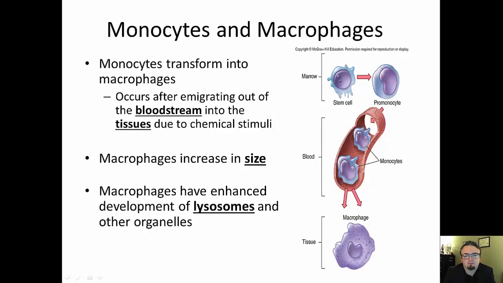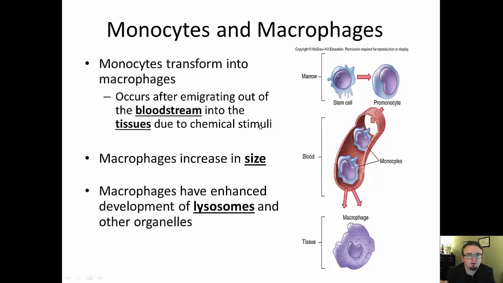Now, really what's happening here is the body is creating monocytes in preparation for the need of macrophages. So monocytes will circulate in the blood until they are stimulated, due to chemical stimuli. Monocytes transform into macrophages after they migrate out of the bloodstream into the tissue due to chemical stimuli.